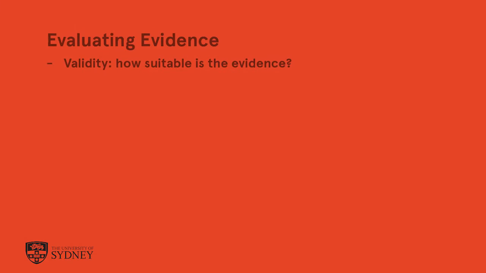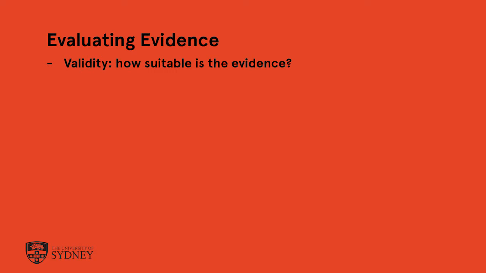This leads us to our second set of criteria. In order to evaluate the quality and suitability of evidence, we need to think about such things as validity, currency, reliability, and relevance. Most of these concepts are covered in our Information and Digital Literacy for Academic Success course, so you may want to go to that lesson for more detail. Here we'll go over them in a little less depth.